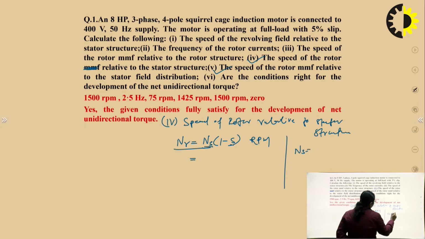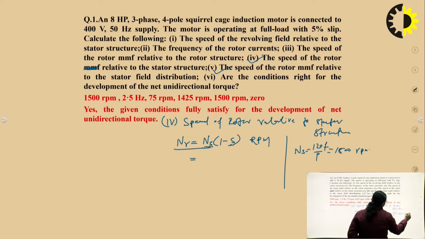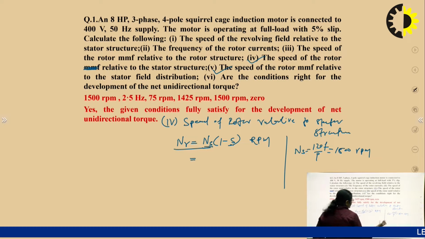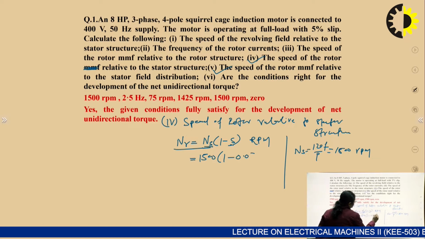So we know that NS equals 120 f upon P. This gives us NS equal to 1500 RPM. The same thing we established earlier in the first part of the question. So NR would be equal to 1500 times 1 minus 0.05.